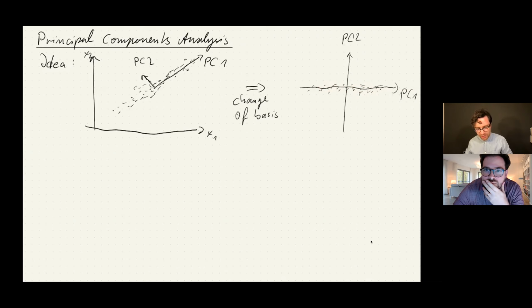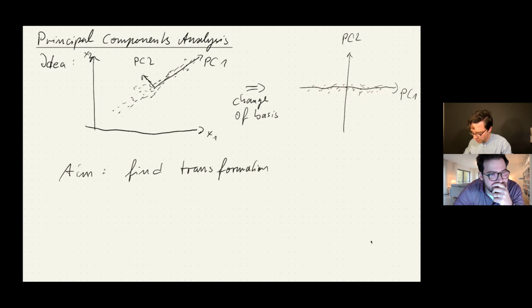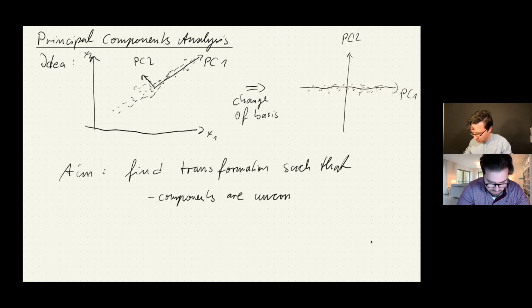So the aim is to find a transformation such that the components are uncorrelated and that they are ordered by the explained variability.